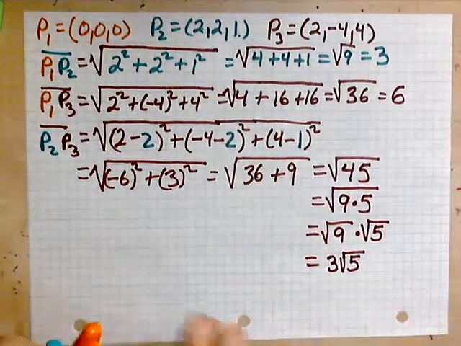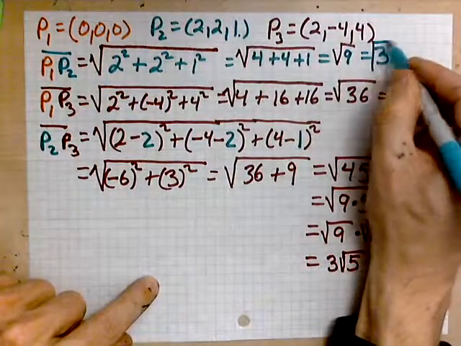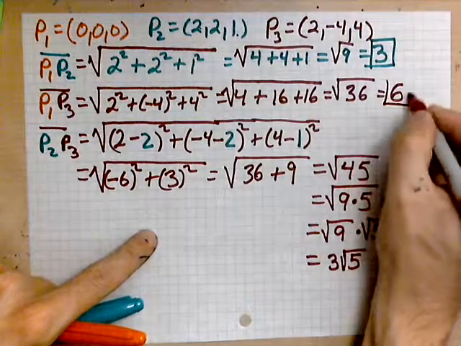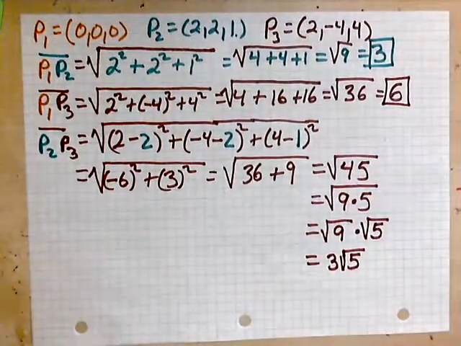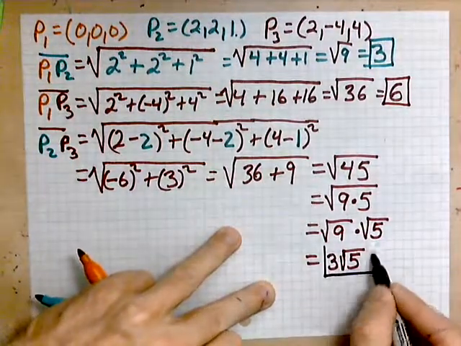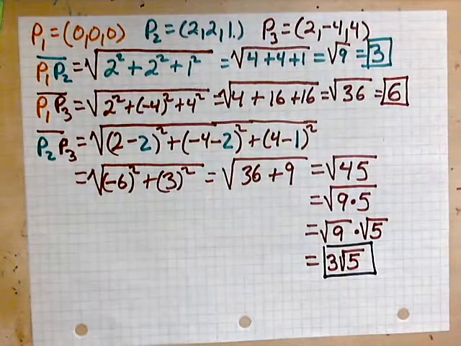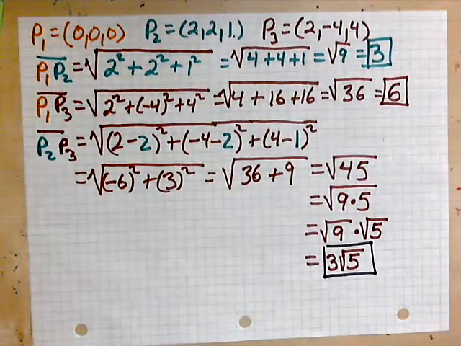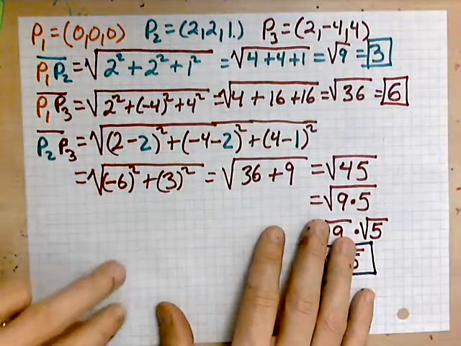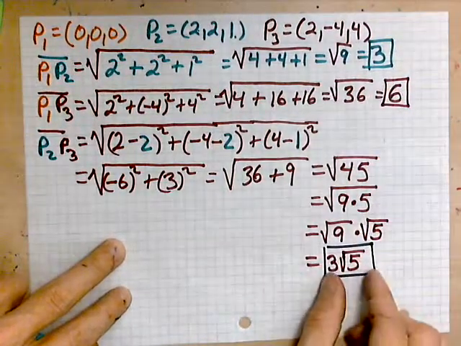So these are the three sides of our triangle. Let's circle them, put them in boxes. One of them is the 3, one of them is 6, and now the third side I will enclose in this color is 3 times the root of 5. Now that we have the three sides, we can determine whether we have a right triangle by simply checking whether this squared plus this squared equals this one squared.